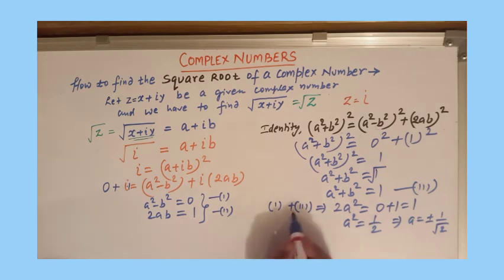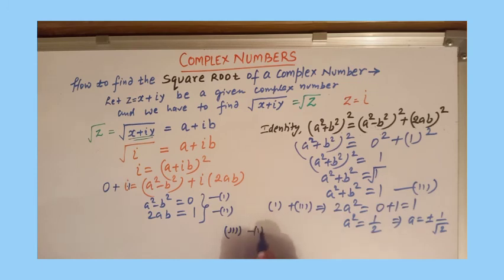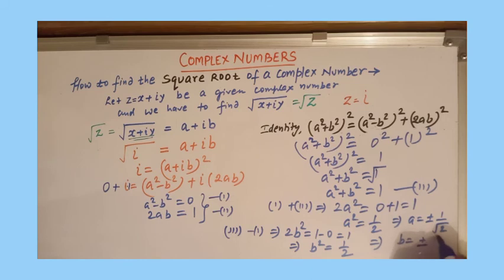Now if we subtract equation 1 from equation 3, a square and a square get cancelled, and we have 2b square is equal to 1 minus 0, which is equal to 1. So b square is equal to 1 over 2, and this implies that b is equal to plus minus 1 over square root of 2.